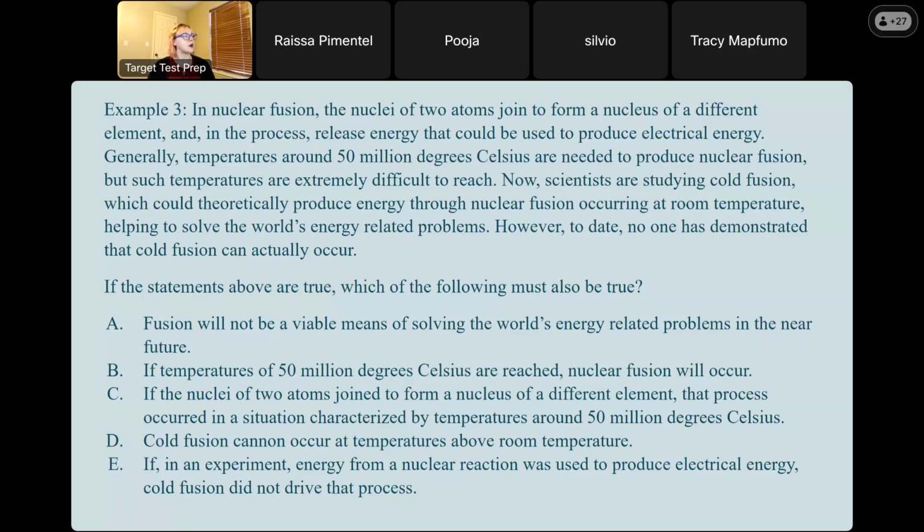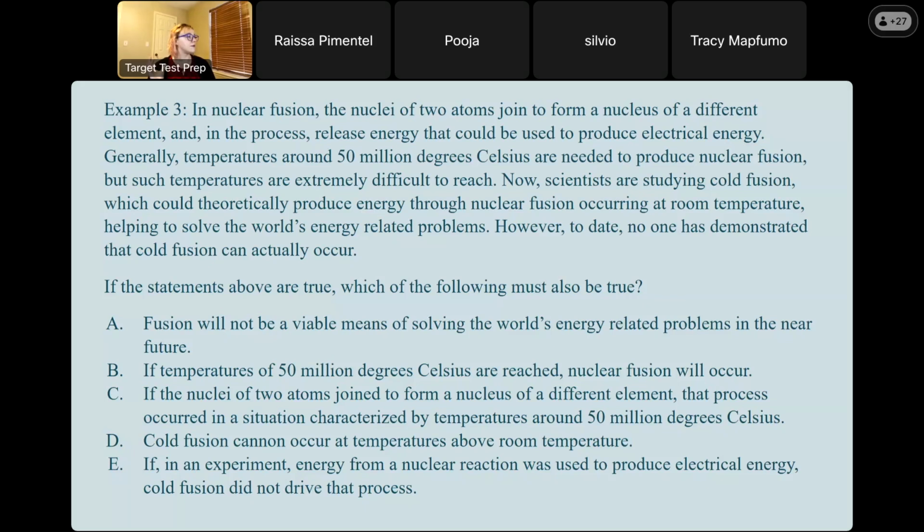It's because it's talking about the past. So C and E are kind of similar, but the problem with C is that it's assuming there's only two choices, 50 million degrees or cold fusion, and there might be other choices. And E is assuming there's only two choices, cold fusion or not cold fusion, and that is a better assumption.